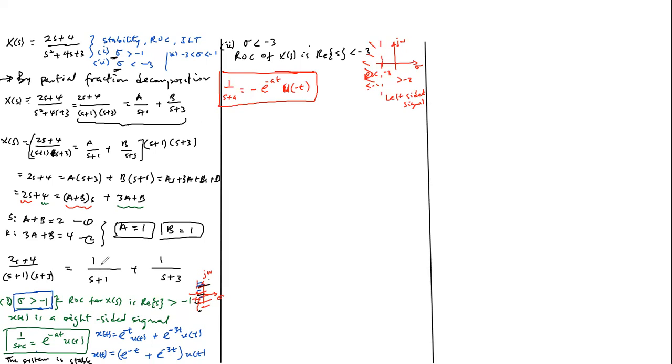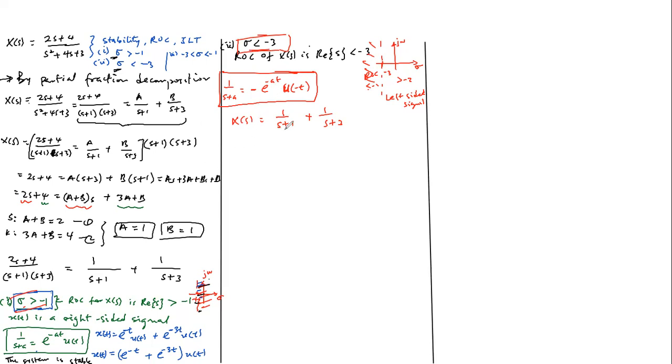So from our partial fraction, since X of s is 1 over s plus 1 plus 1 over s plus 3, based on this condition, we have a left-sided signal. Recall, we had a right-sided signal here based on the previous condition, but this time we have a left-sided signal because of this condition.